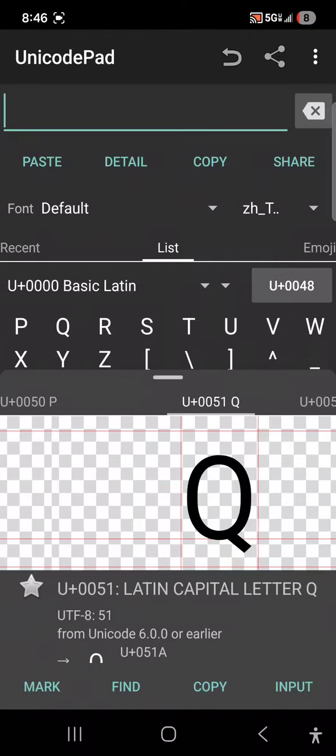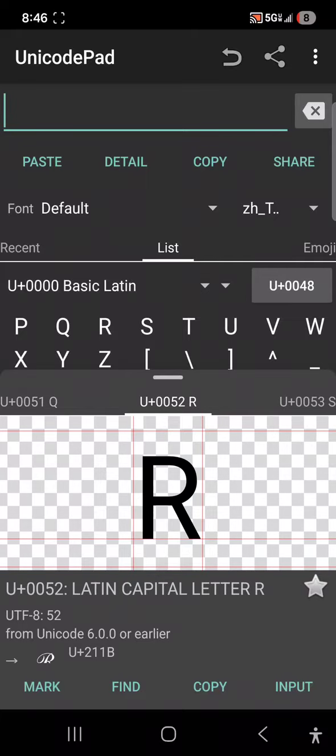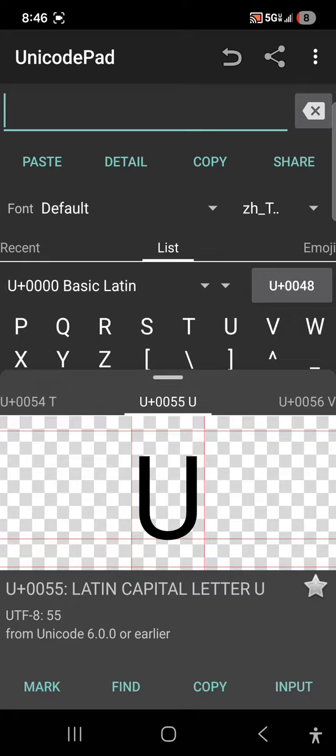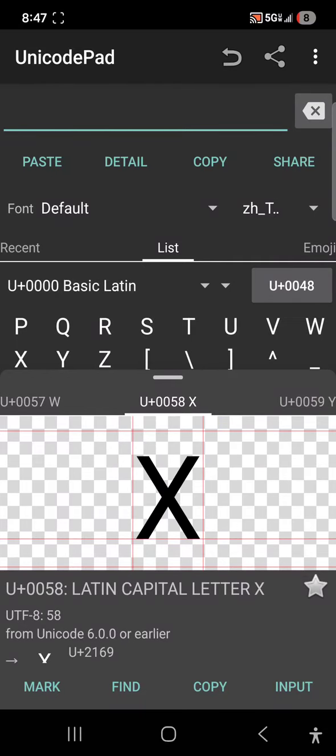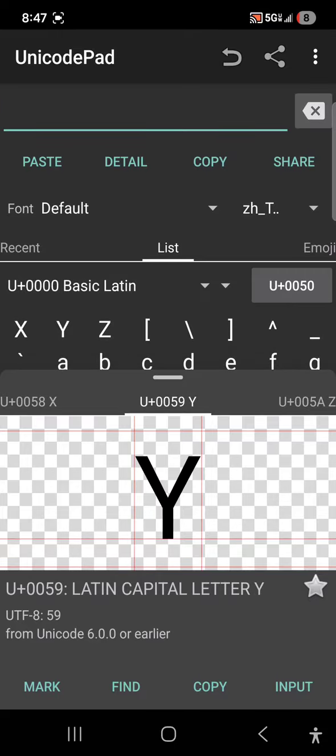P, consonant. Q, consonant. R, consonant. S, consonant. T, consonant. U, vowel. V, consonant. W, consonant. X, consonant. Y, semi-vowel. It is a strange letter because it is half vowel and half consonant at the same time.